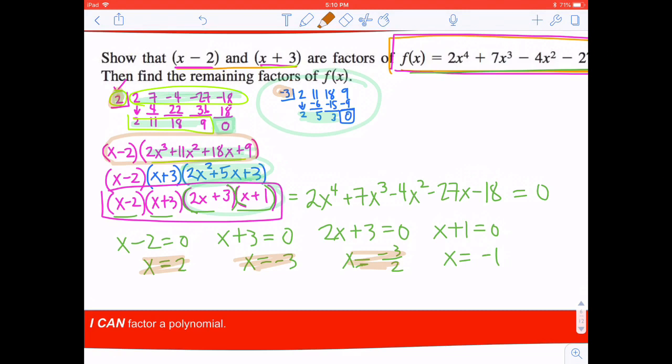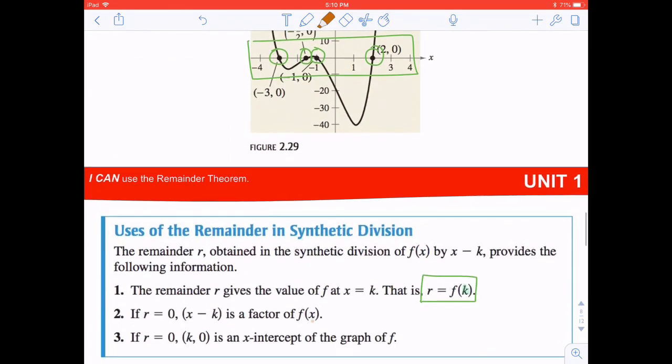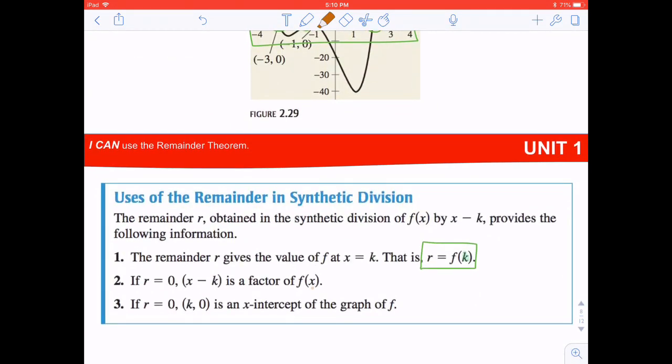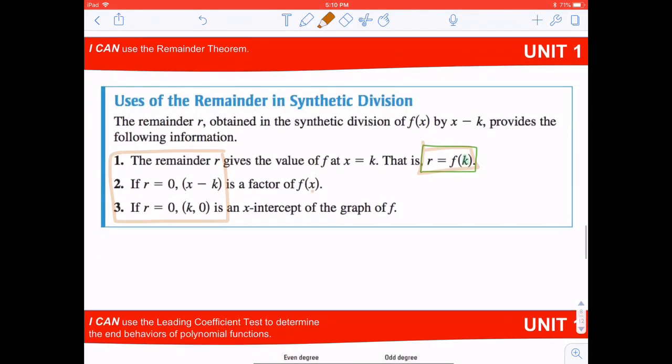And if we were to have done synthetic division for these two here, then we would also get the same remainder of 0. So being able to use synthetic division is very helpful because the remainder tells us a lot about a function. It tells us its factor, it tells us how to evaluate it, and then it also tells us the intercept of it.